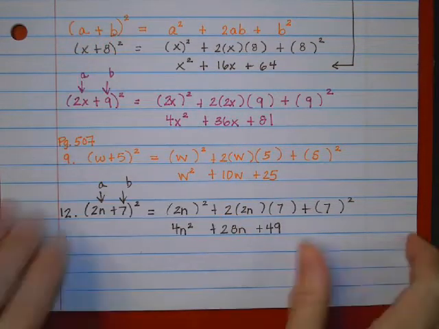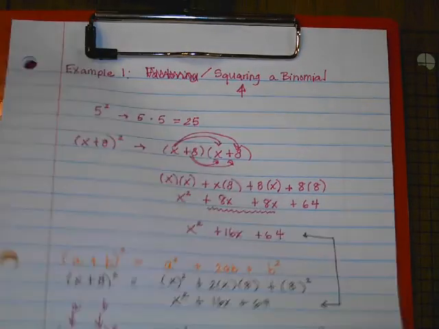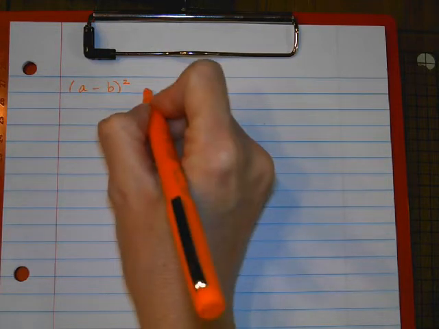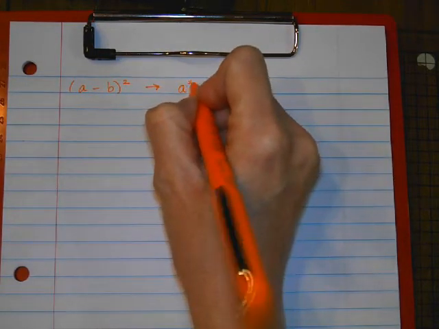Alright, so now that was our squaring a binomial when we were adding two values, a plus something. Well, we're going to show it to you when you are subtracting. So let's go ahead and bring this back down and then switch this paper out real quick. All right, so now if we don't have an addition sign, but we have a subtraction sign, we're still going to follow the same rule. This would be our a value squared.